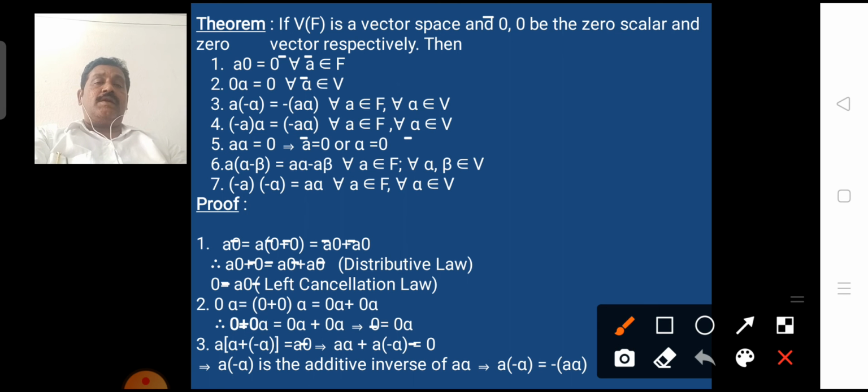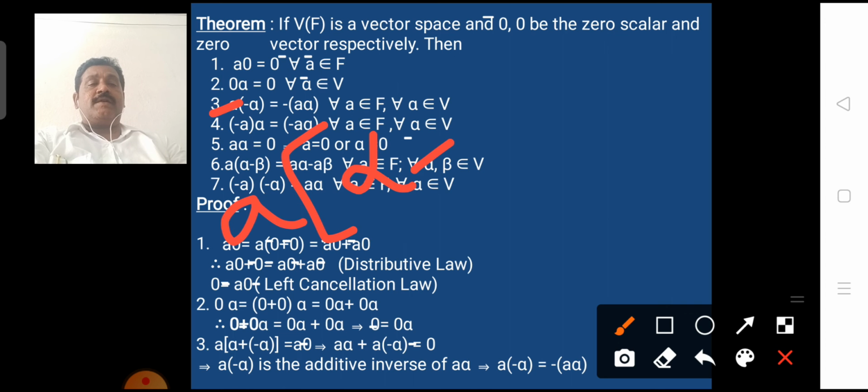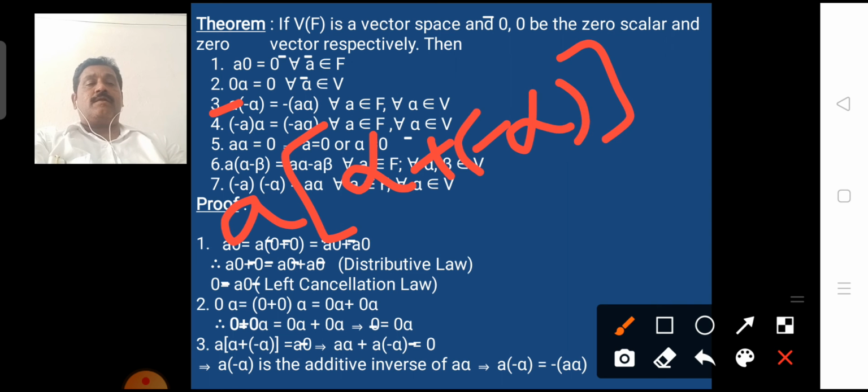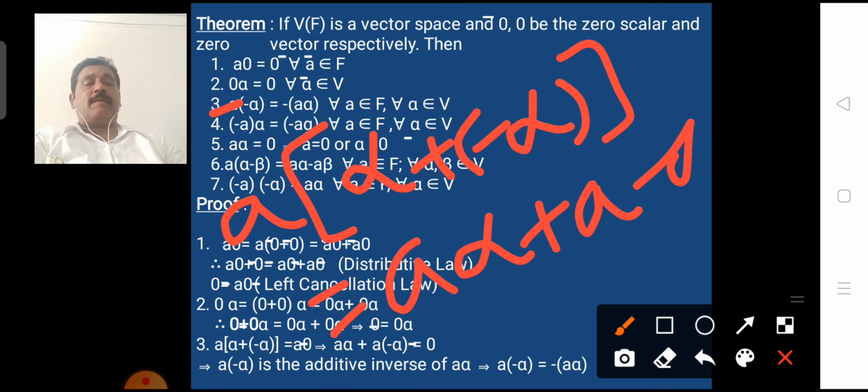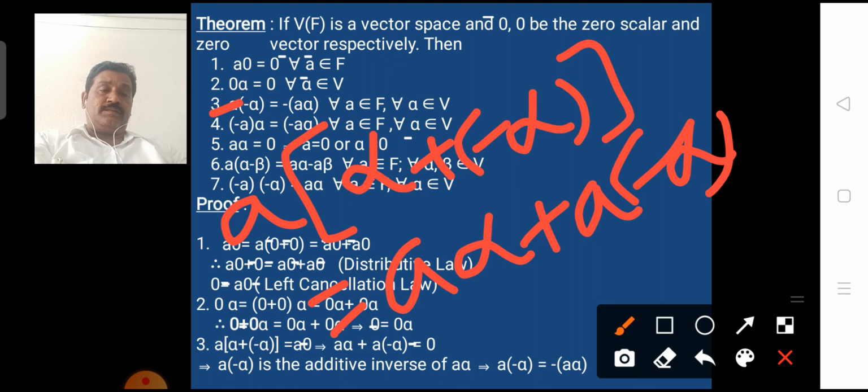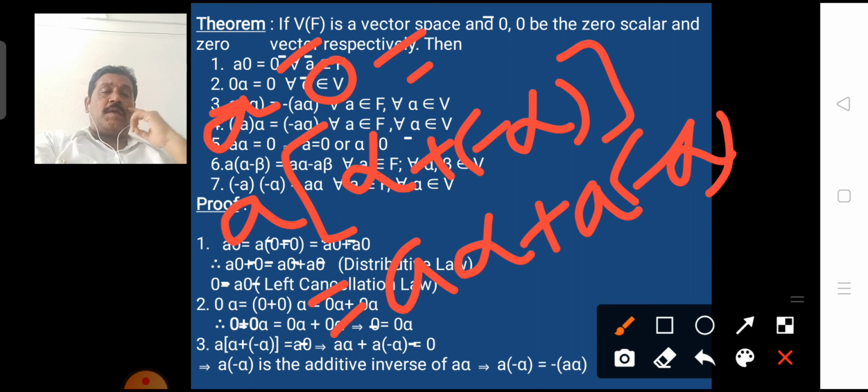And the third proof: A into minus alpha. From this, we take A into alpha plus minus alpha equal to A alpha plus A minus alpha. This is A into 0 bar.